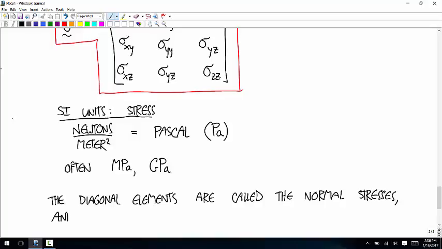And the off-diagonal elements are called shear stresses.